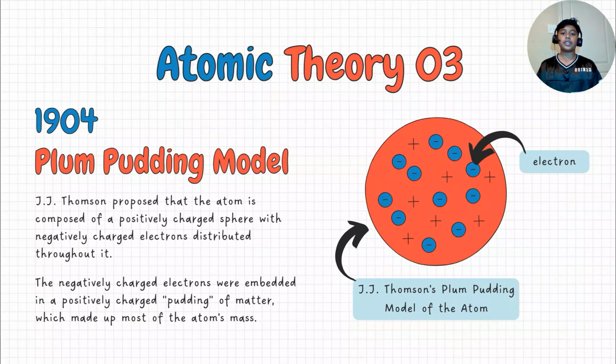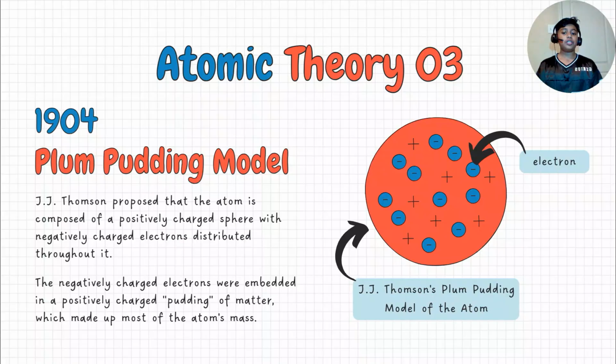Let's go on to our third atomic theory, which was proposed in the 1900s. In 1904, the plum pudding model was theorized. J.J. Thomson proposed that the atom is composed of a positively charged sphere with negatively charged electrons distributed throughout it.